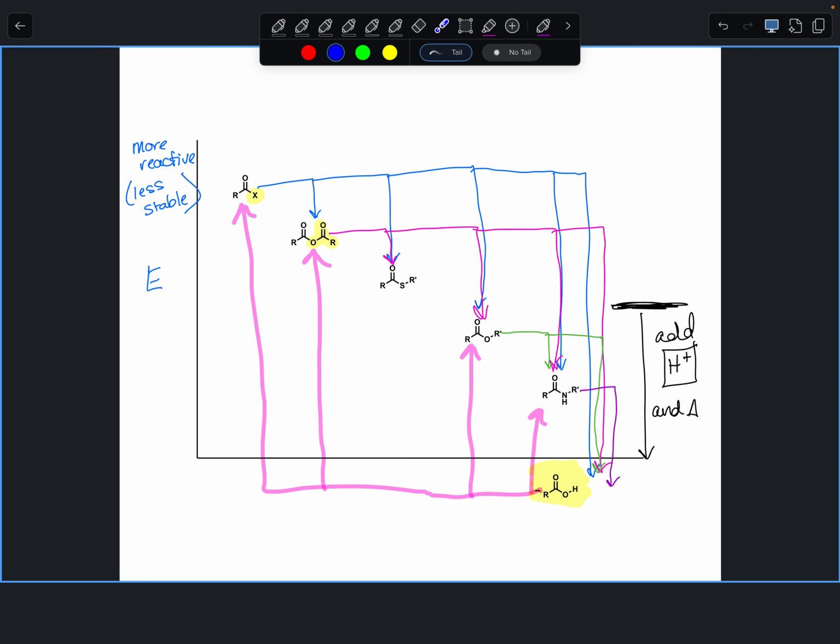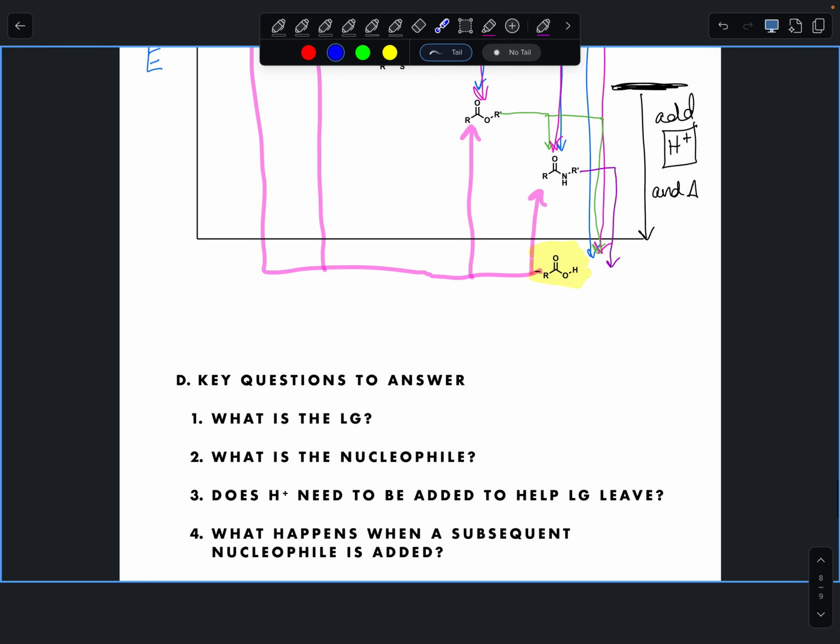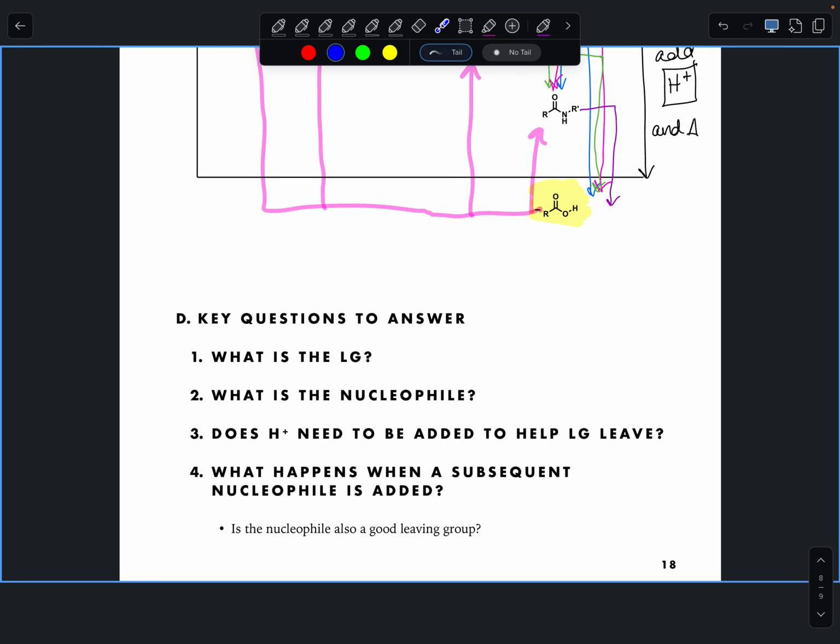Okay, so I'm going to draw this next intermediate kind of ugly because I want to try to keep all the atoms where they are just for clarity purposes. So I've reformed the carbonyl at carbon 1. It's still attached to 2, attached to 3, attached to 4. 4 still has a double bond to an oxygen and a single bond to the pink oxygen.